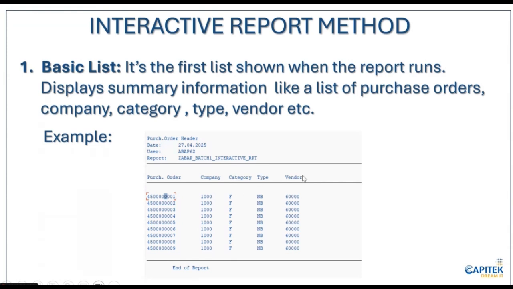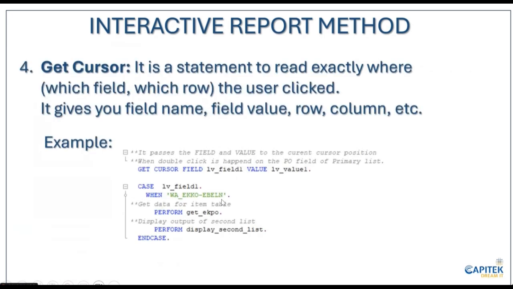Let us suppose I double click on purchase order. What happens when you click on the purchase order? Using the get cursor technique, it will store the purchase order field information. Then you will check which field is clicked, whether the field clicked is the purchase order number or not.